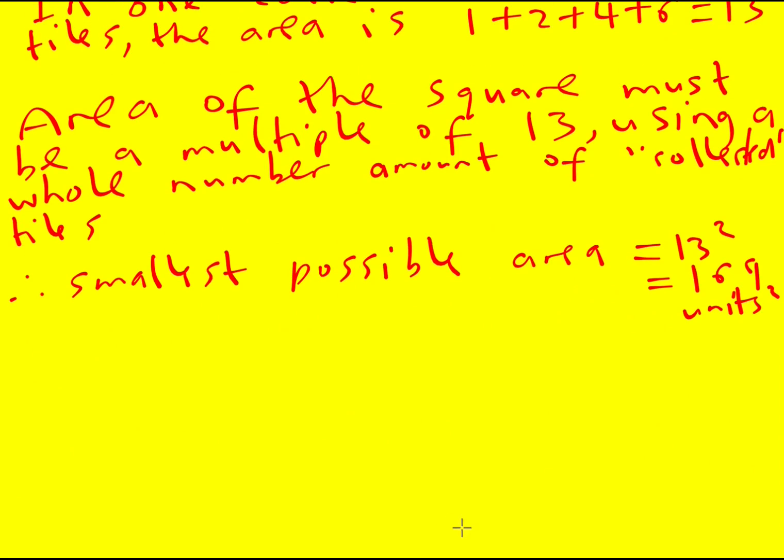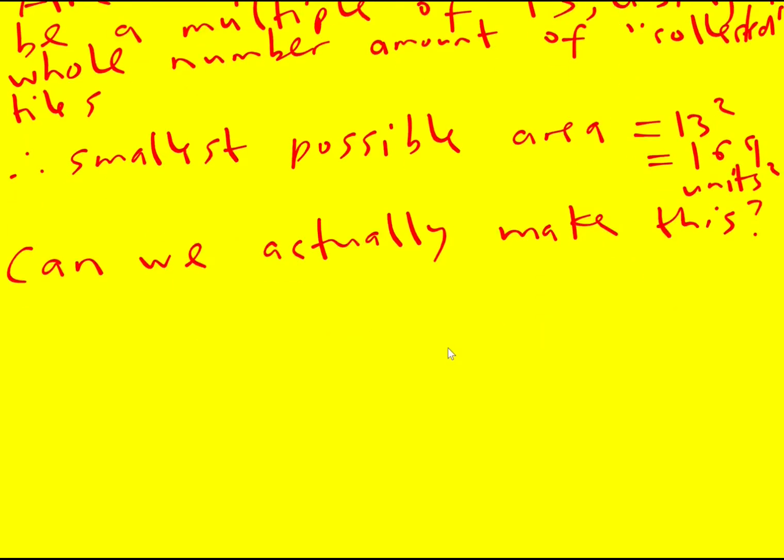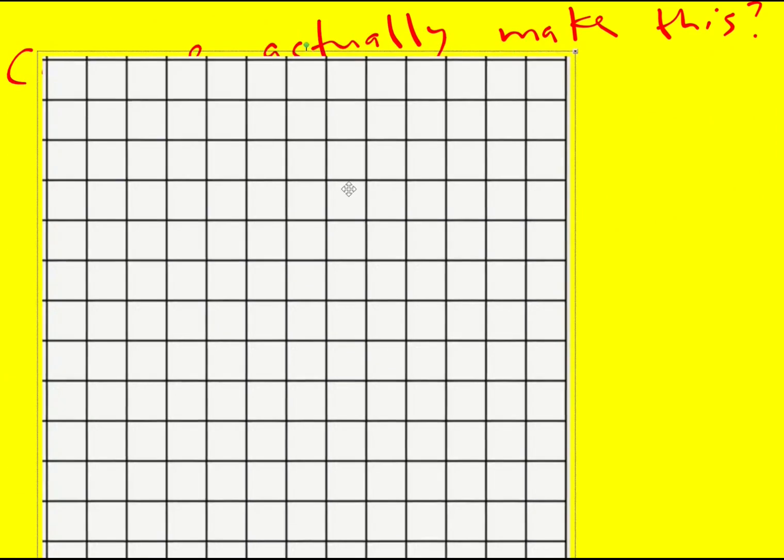Now that's all great, but can we make it? Can we actually make this? It's not enough to just say, oh, there we go. You've got to actually show that it can be constructed. So let's have a go. Best to actually make a grid as best you can, 13 by 13, and then fill it in.